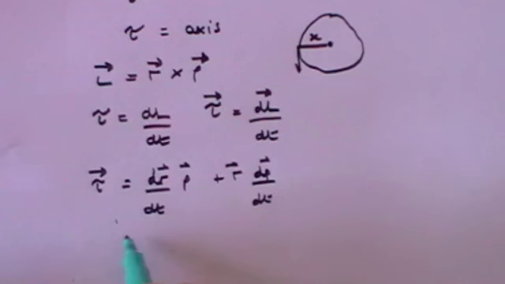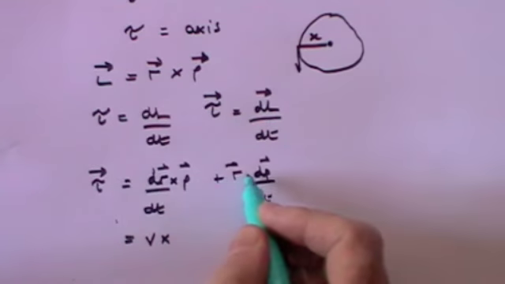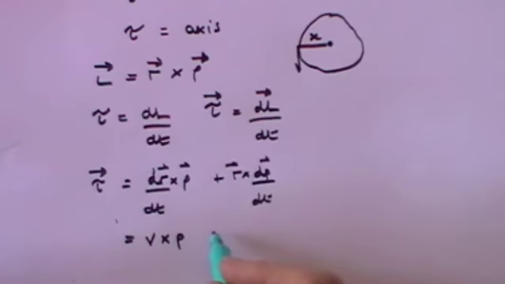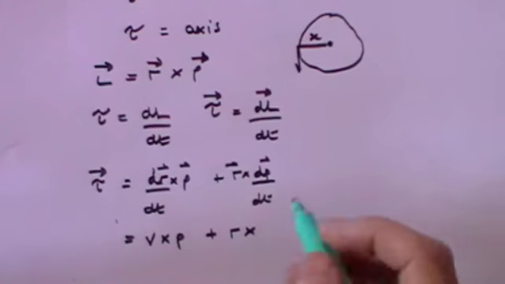Well, what is dr by dt? That's distance divided by time, that's velocity. So now we get v cross p, these should be cross terms here, plus r cross, what's dp by dt? What is the rate of change of momentum?